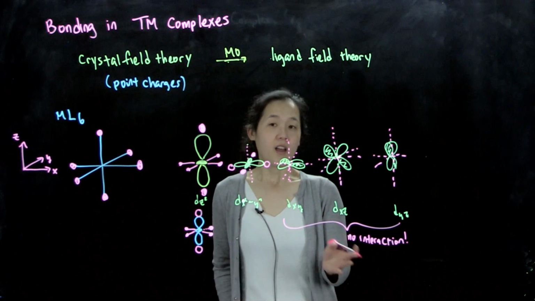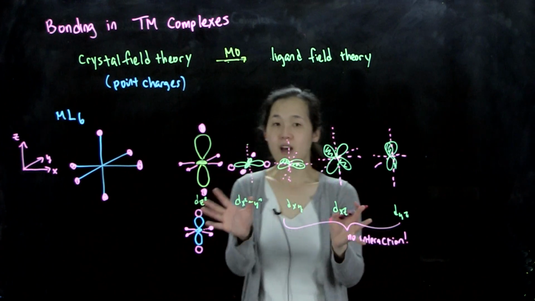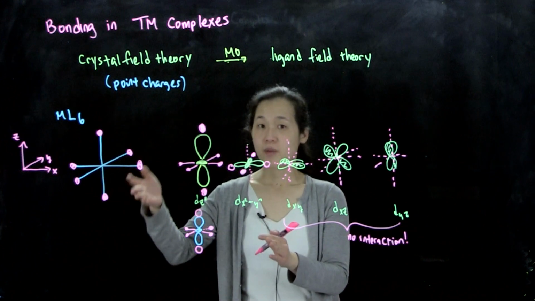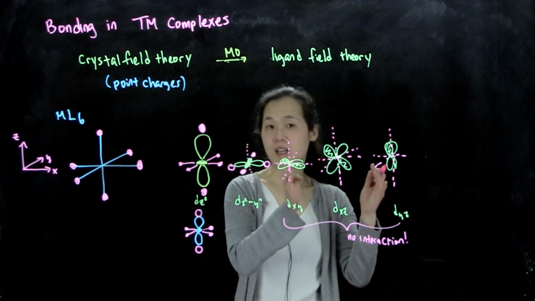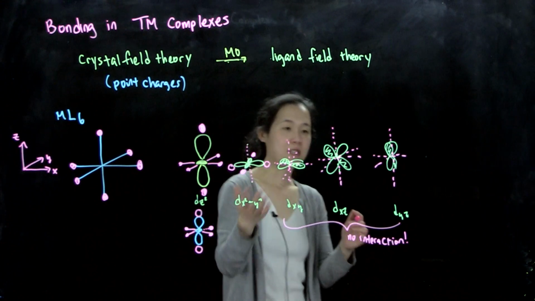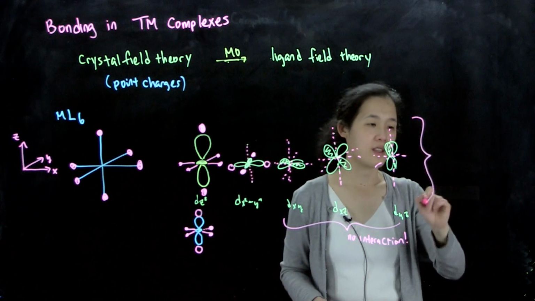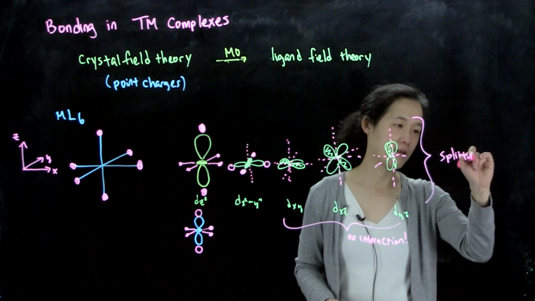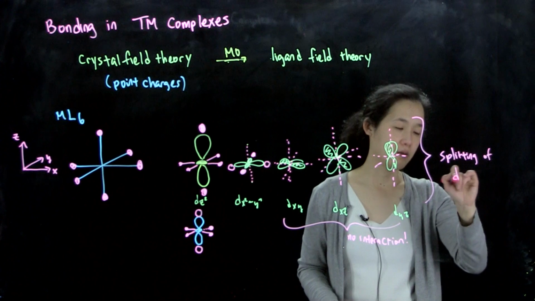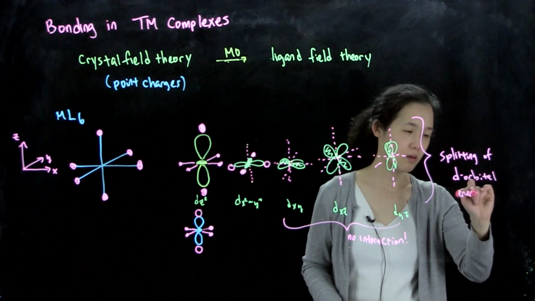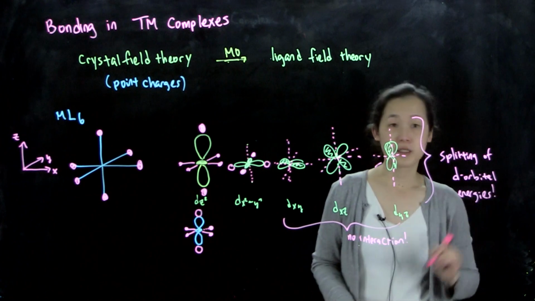As a result, we have two d orbitals that can interact with these sigma bonding ligands, and three that can't. What ends up happening is a splitting of the d orbital energies due to our ligand field.